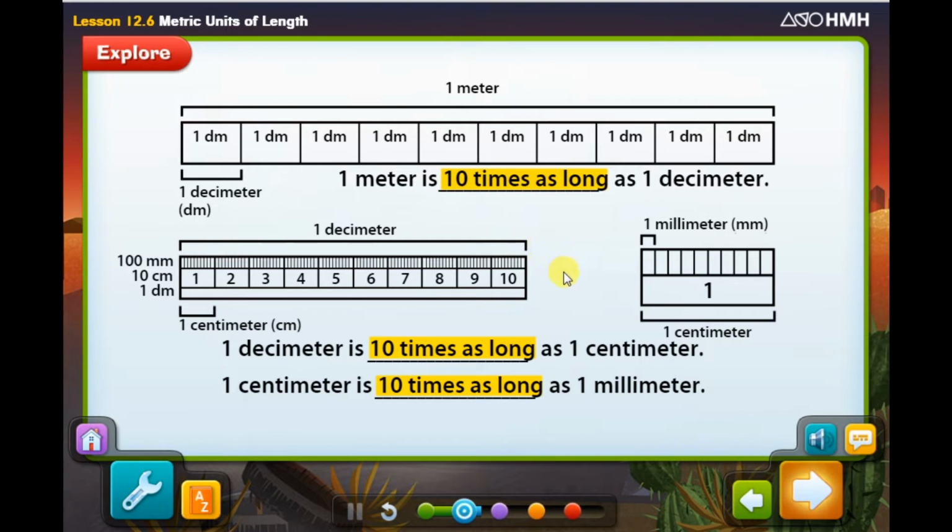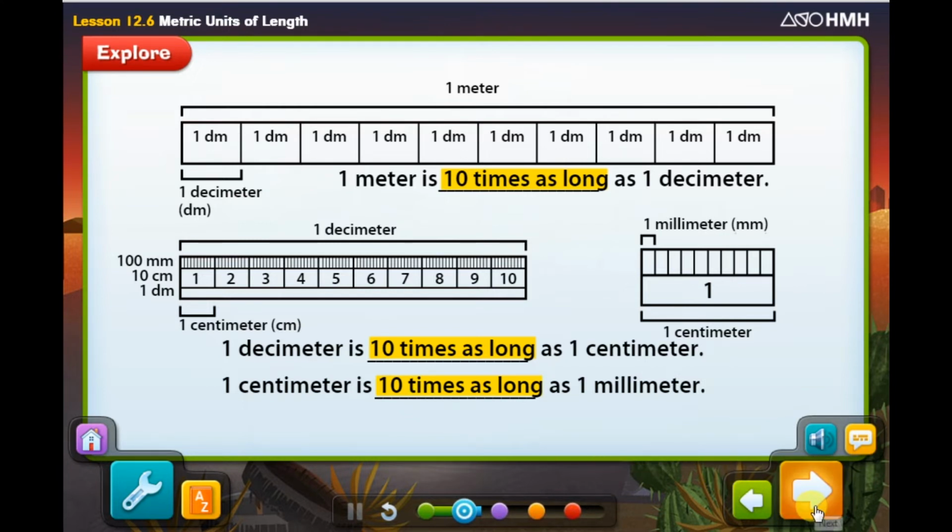If you move from centimeter to decimeter, you divide by 10. If you move from millimeter to centimeter, you divide by 10. So again, to recap, if you move from the biggest unit to the smallest unit, multiply by 10. If you move from the smallest unit to the biggest unit, you divide by 10.